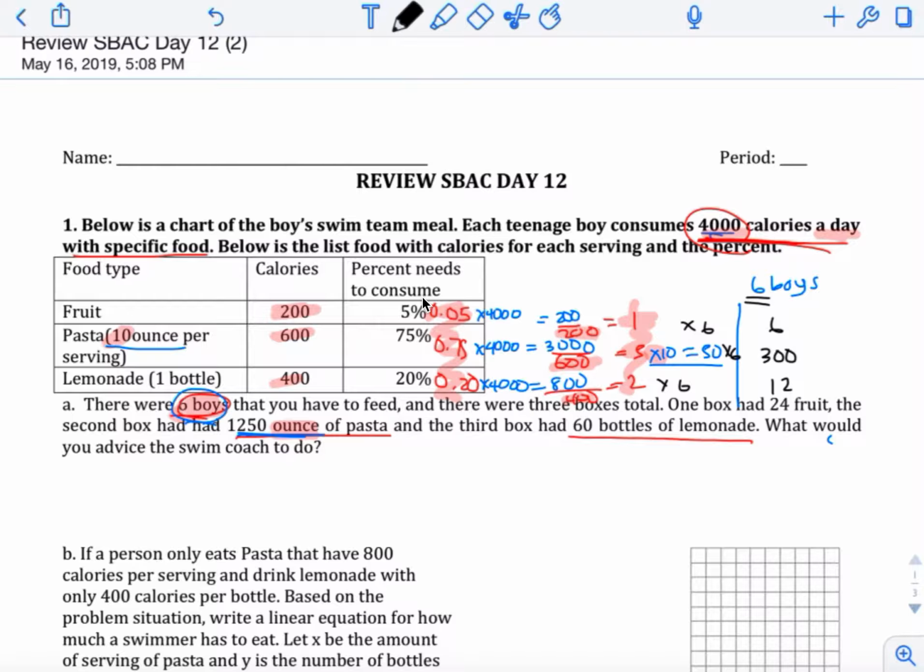The coach only needs 300 ounces, not 1,250 ounces of pasta.